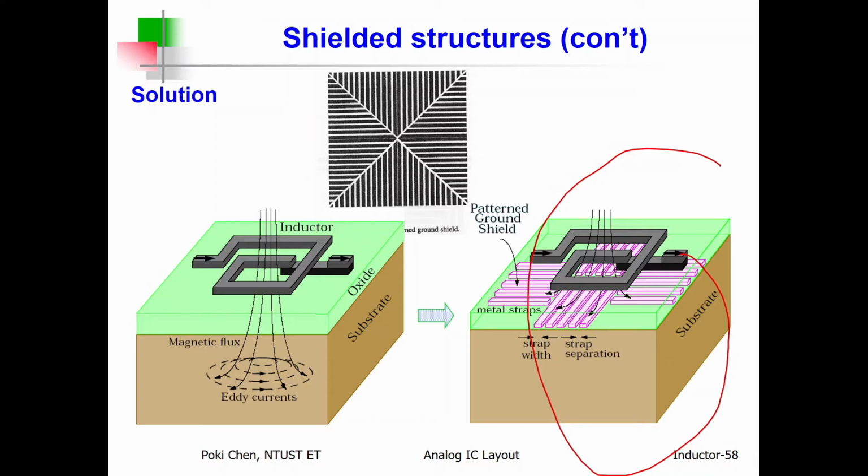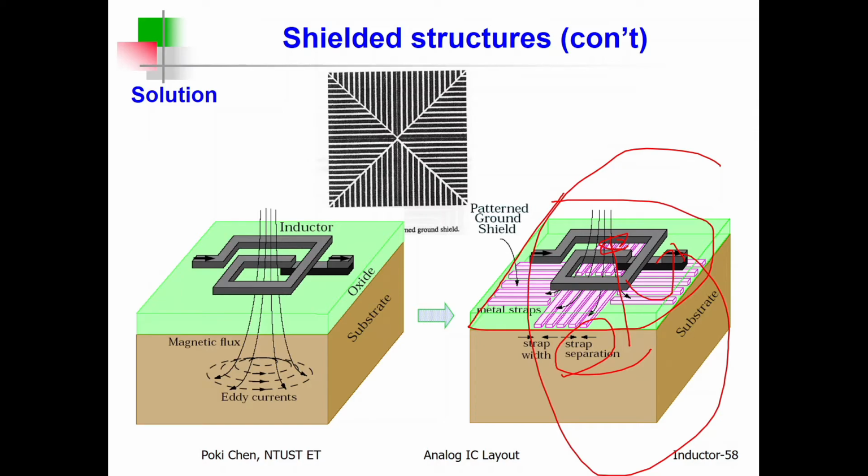I mentioned moments ago with guard ring, the flux will be limited inside the guard ring, right? But the flux still penetrates into the substrate, and then it will induce some kind of eddy current, displacement current to waste the power, and the power wasting means what? The Q factor will be reduced.